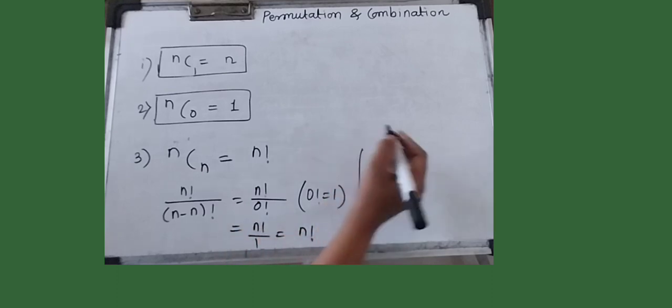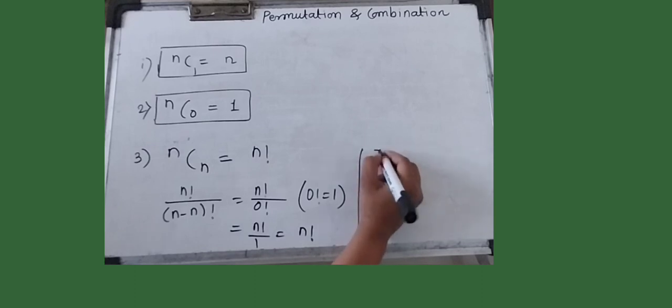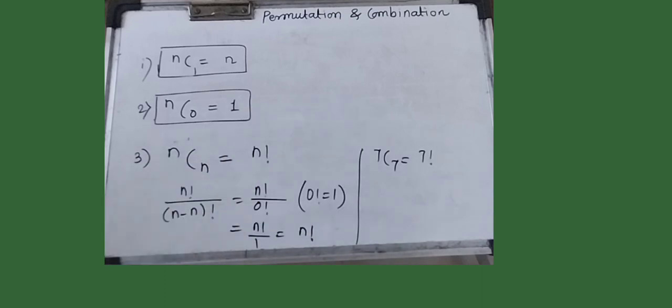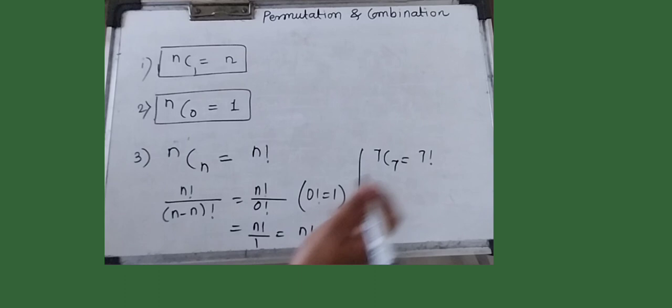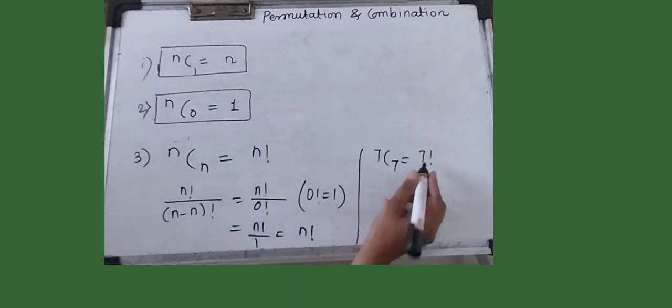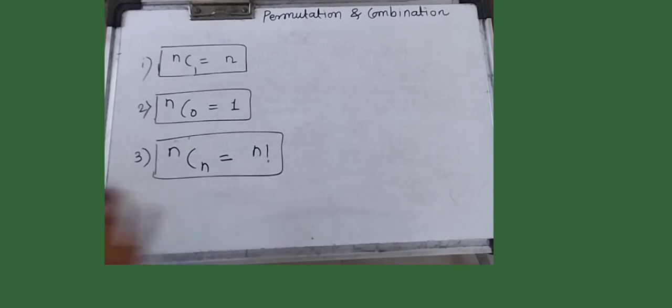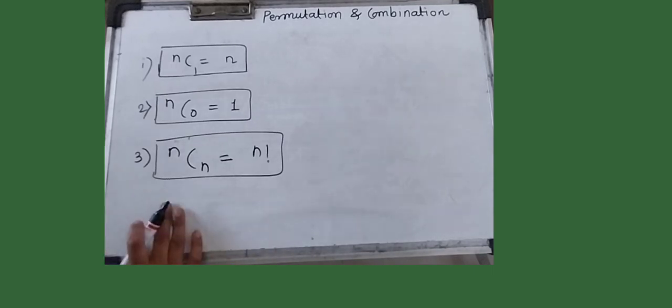Suppose in an example 7C7, directly write down 7 factorial. Clear? No need to apply the formula here. Do not waste your time here. Directly write 7 factorial, since we know that nCn is n factorial. Clear? This is the third one. Take a screenshot of this.